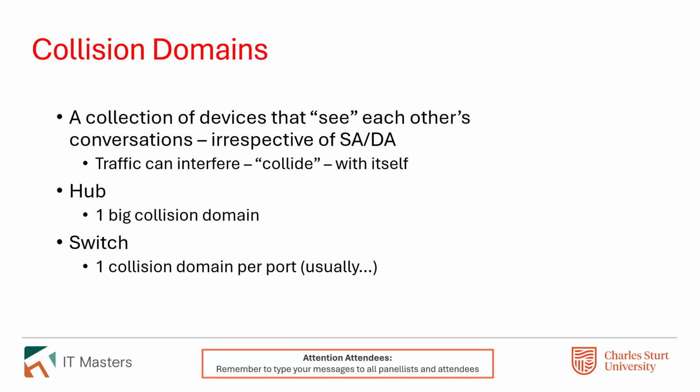All right, so collision domains. We have already covered this a little bit, but to recap, any devices that can see each other's traffic can potentially collide with each other. That's particularly true if they can't talk at the same time. The human analog would be if you're in a room that's got lots and lots of people in it.